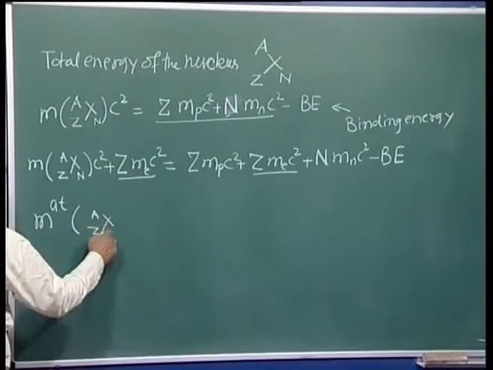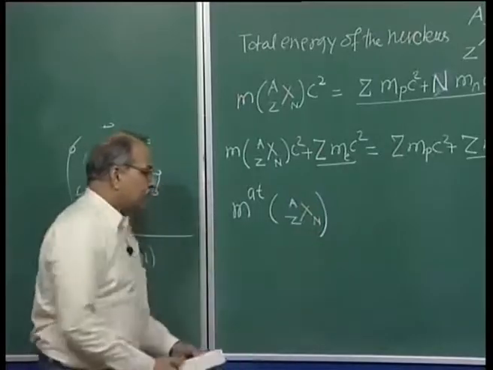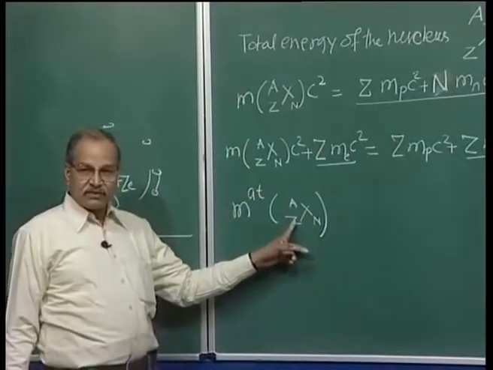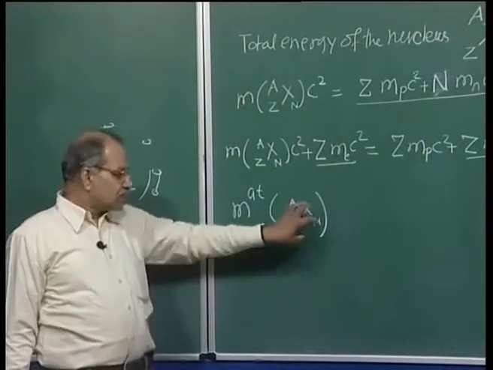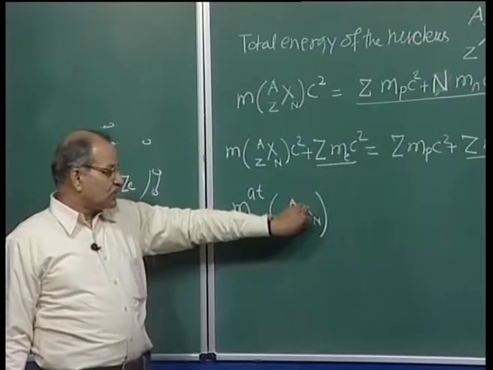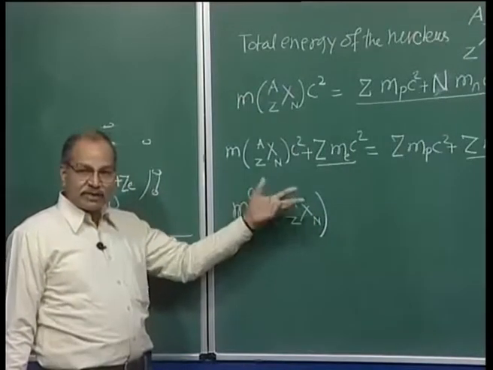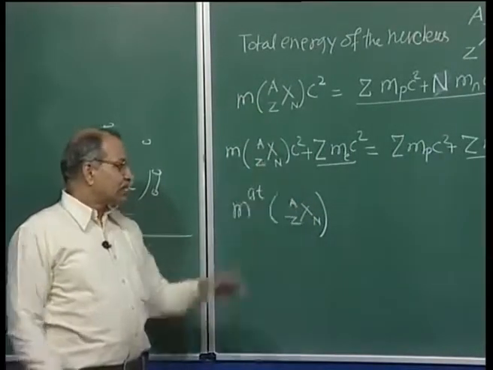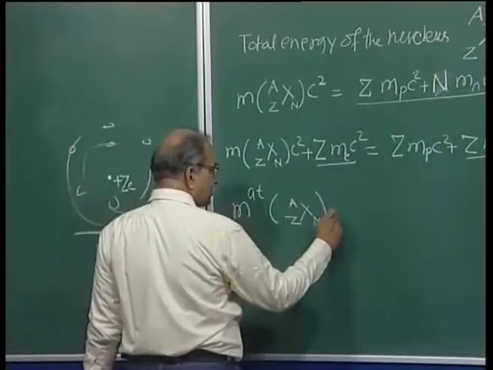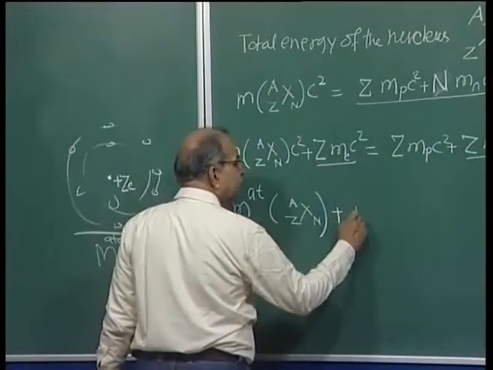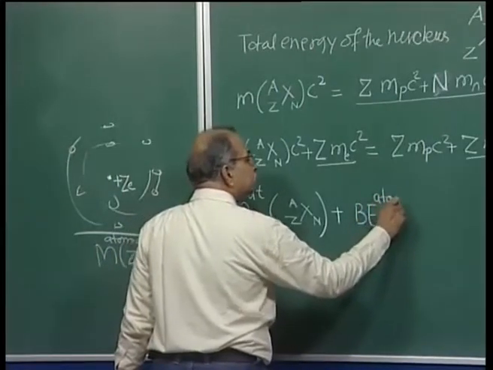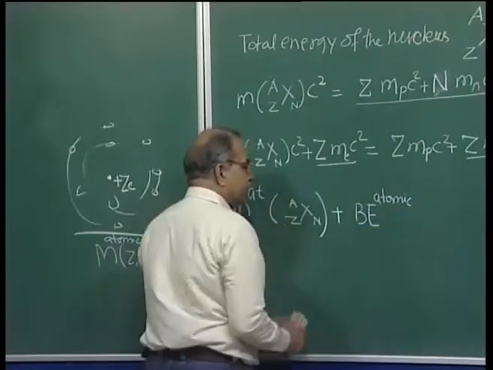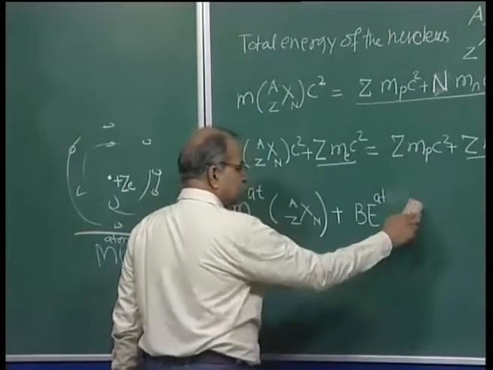Now, this is an atom with Z protons, Z electrons and N neutrons. The proton and neutrons are the nucleus, plus all those electrons outside. So, that atom is here, and this plus binding energy, atomic, AT, I am writing AT.